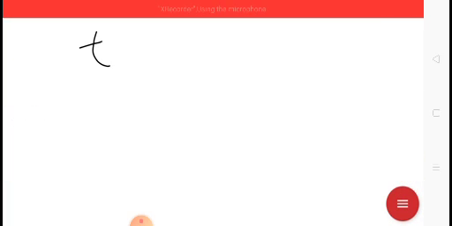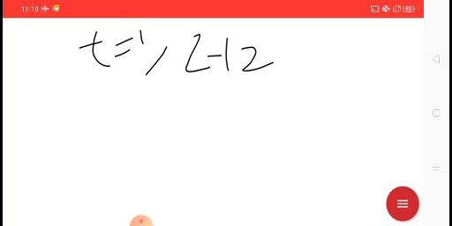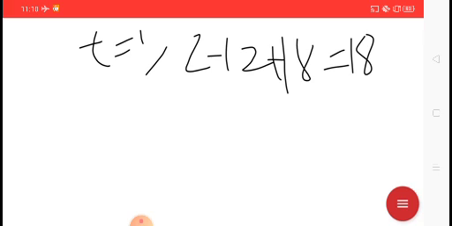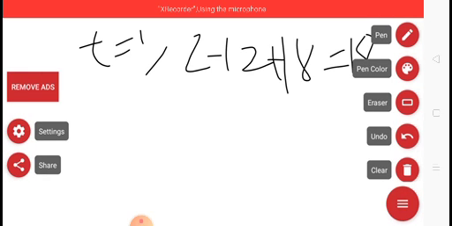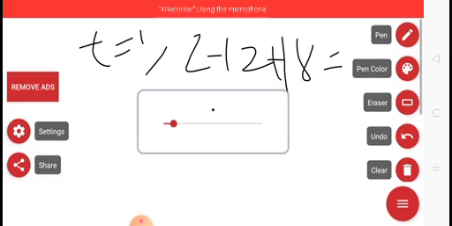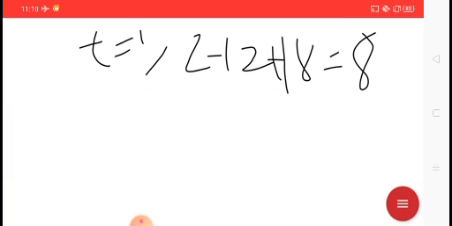When t equals 1, the displacement is 1 minus 12 plus 18, which is 7. Sorry, I got this part wrong; it should be 8.